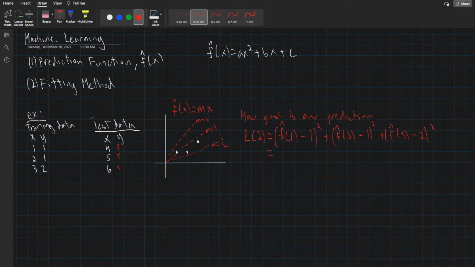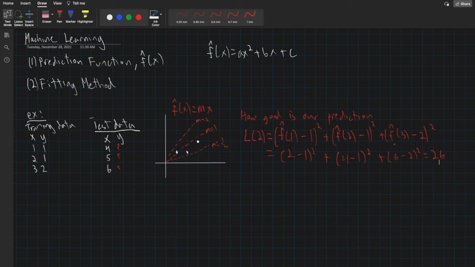So f hat of 1 is equal to 2 times 1. 2 minus 1 squared plus f hat of 2 is equal to 2 times 2, which is 4 minus 1 squared, plus f hat of 3 is equal to 2 times 3, which is 6. 6 minus 2 squared. So this means our loss is equal to 1 plus 9 is 10. 10 plus 16 is 26.